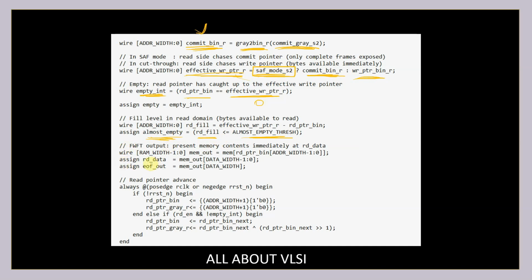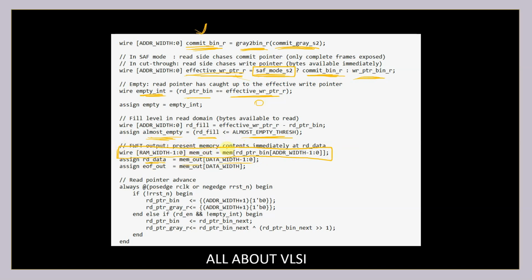Now, coming to this RD data, which we get from mem underscore out of data width minus 1. How do we get this mem underscore out? Mem underscore out is a vector declared over here, which is nothing but mem of read pointer address, whatever address we have. That particular address is given by this read pointer.